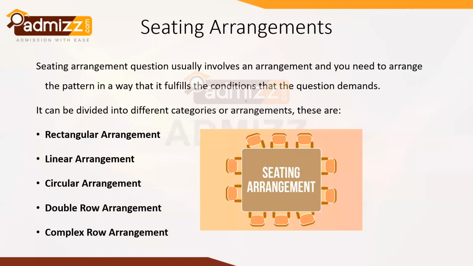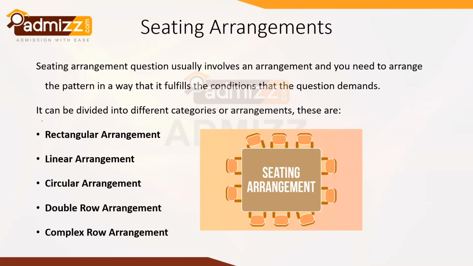This concept will be clearer once we move to the examples. But for the time being, remember that seating arrangement basically asks you to find which person or which entity is placed in what position. That's the only thing that you have to remember at this moment. Once we start diving into examples, these concepts will be far, far clearer.